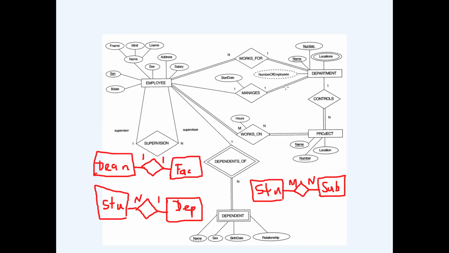That's why we have single lines and double lines, which we call total or partial. So once you identify a relationship type, you have to identify whether it's one-to-one, one-to-many or many-to-many, and then whether it's a single line or a double line. Are you comfortable up to this?